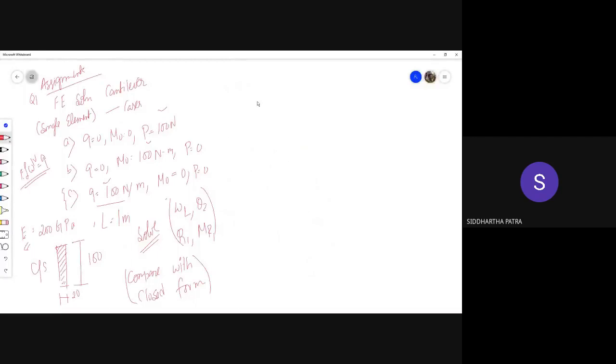This is our question number 1, and next comes question number 2. I need you to solve a problem involving this simply supported beam, with, let's say, 1.5 meter and this is 1 meter.